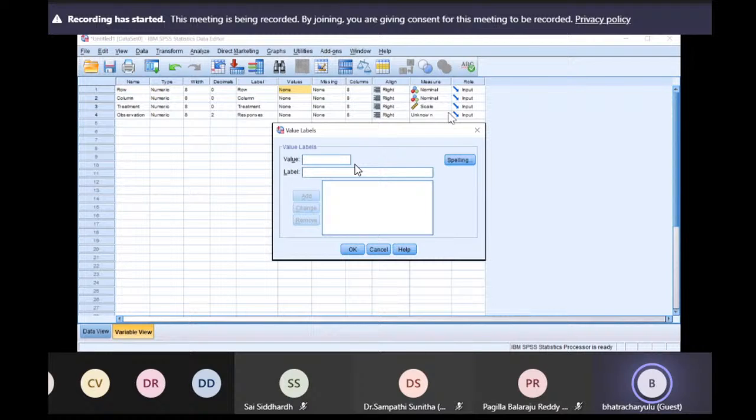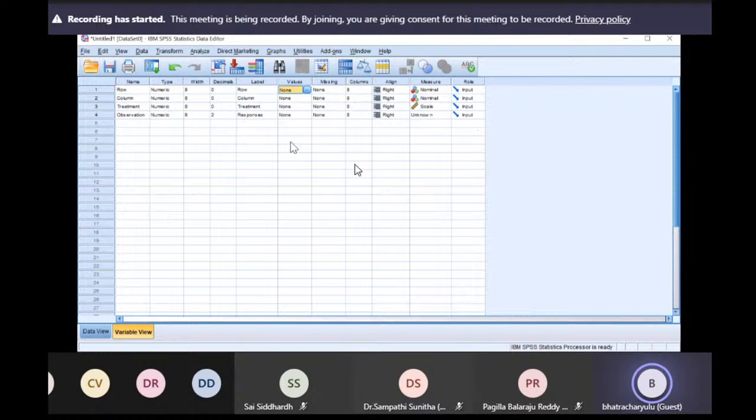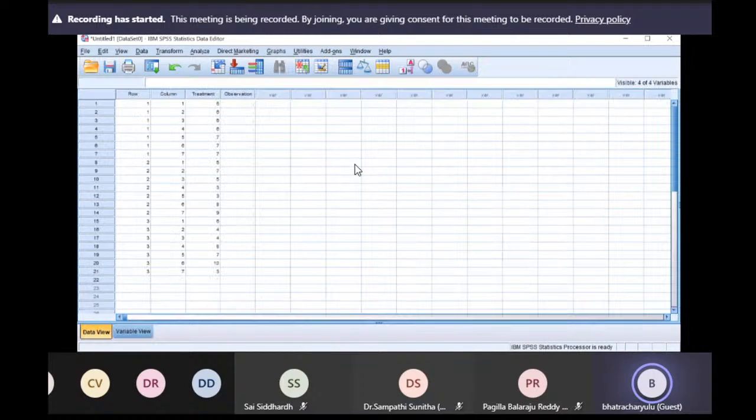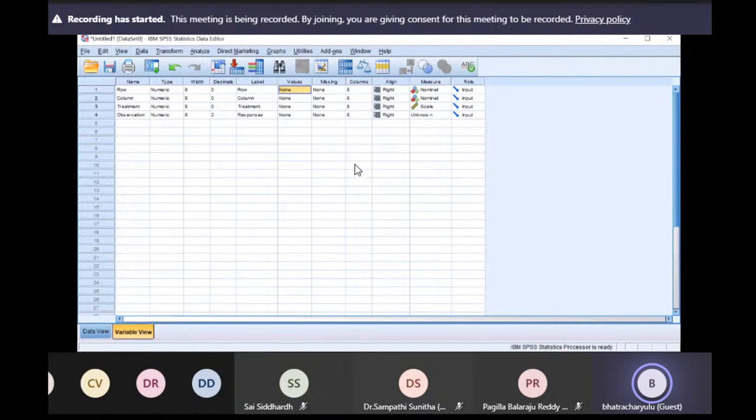Okay. You cancel it. Now go to the data view. Here also you go to the variable view, and here you take the treatment also as nominal measurement. Yeah, nominal, and this as scale. Okay, right.